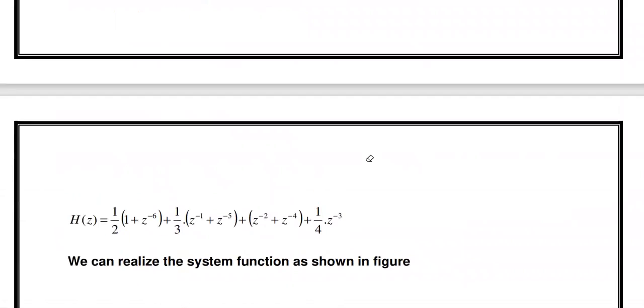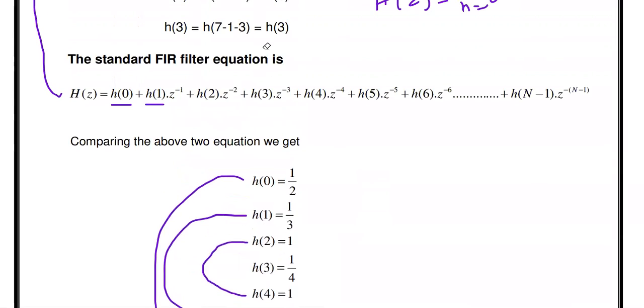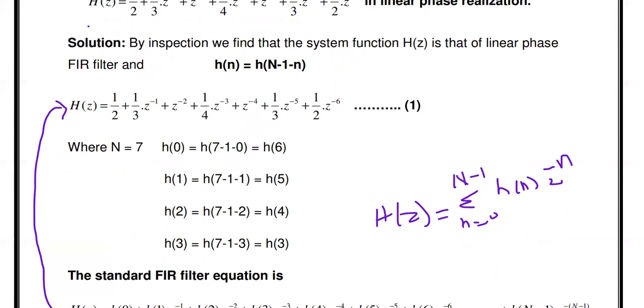After checking, you just combine the coefficients. So you see this equation. In this equation, the first term and last term have the same constant value. So if you combine the first term and last term, taking 1 by 2 outside, we can write 1 plus z power minus 6.